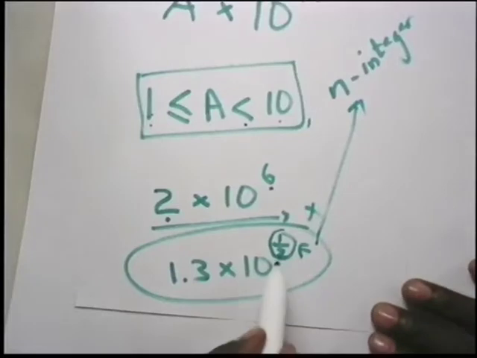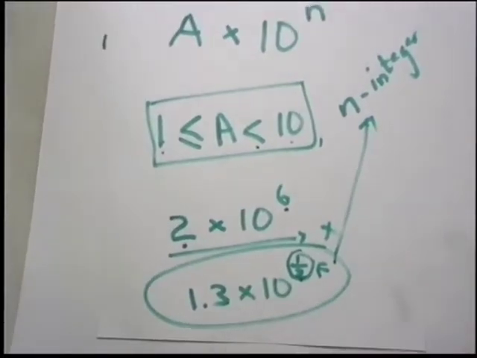So therefore, the exponent to which the 10 is raised should always be a whole number, and it should be positive or negative, and it can also be 0 as an integer also. So that's what is important. When we deal with numbers in standard form, the idea is for us to know what the standard form of a number is, and then to accordingly make sure that we apply the definition of a standard form whenever we are expected to write the numbers that are given in standard form.